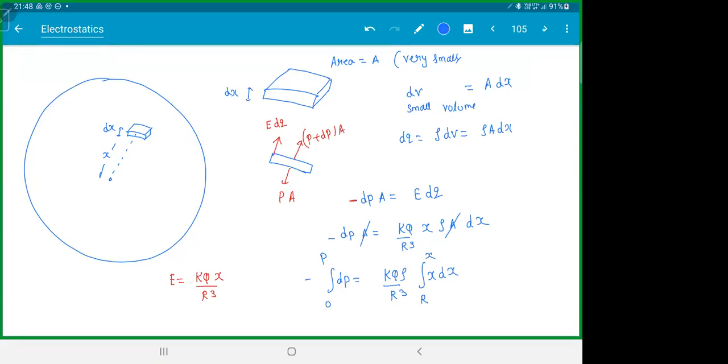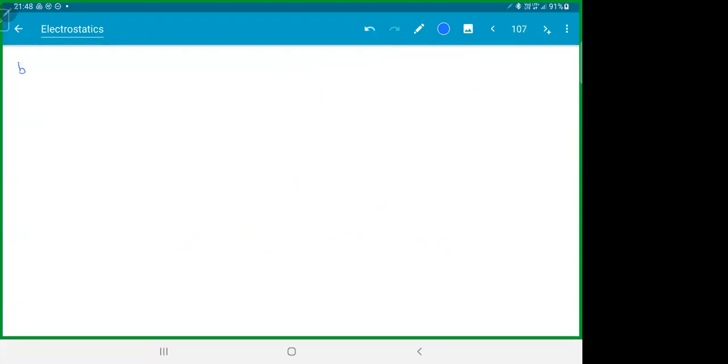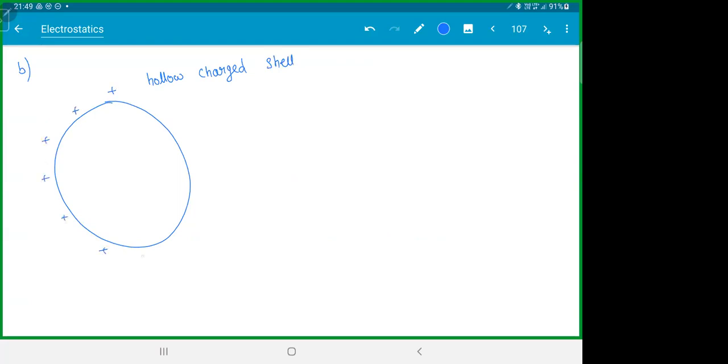Now the same question, but another thing, we will not do the derivation for this. But if you have a hollow shell, the result is more important. This will again be encountered in surface tension, elasticity. So if you have a charge here, which is a hollow shell, the previous one was solid. Now what will happen? Think about it. Every charge will repel every other charge, agreed?